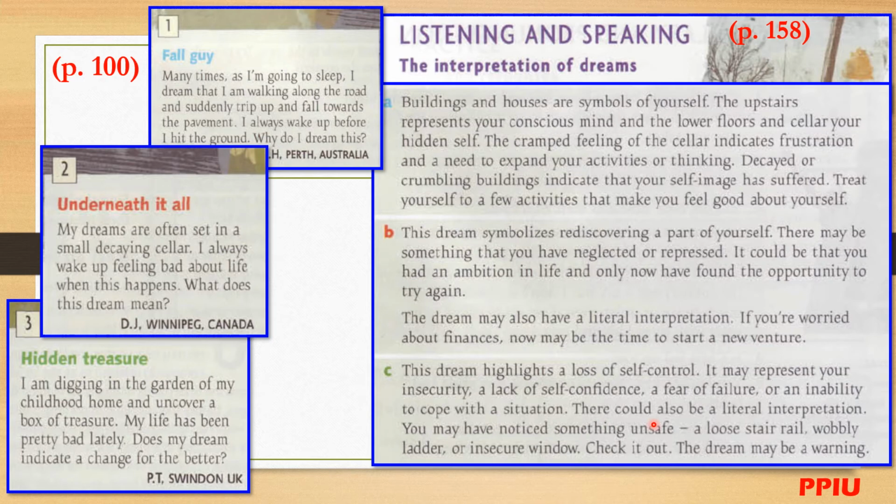There could also be a literal interpretation. You may have noticed something unsafe, a low stair rail, a wobbly ladder, or an insecure window. Check it out. The dream may be a warning.